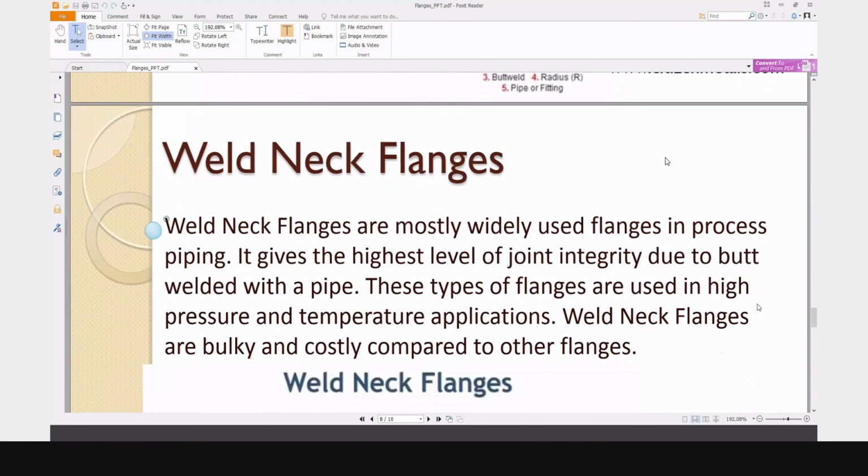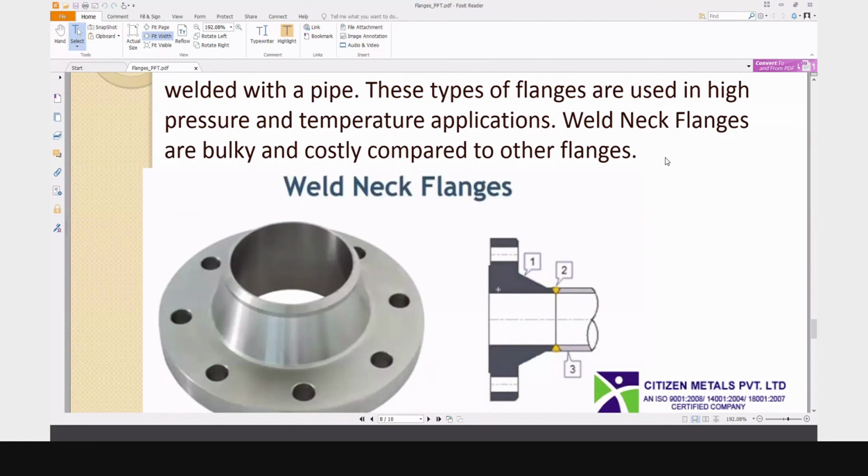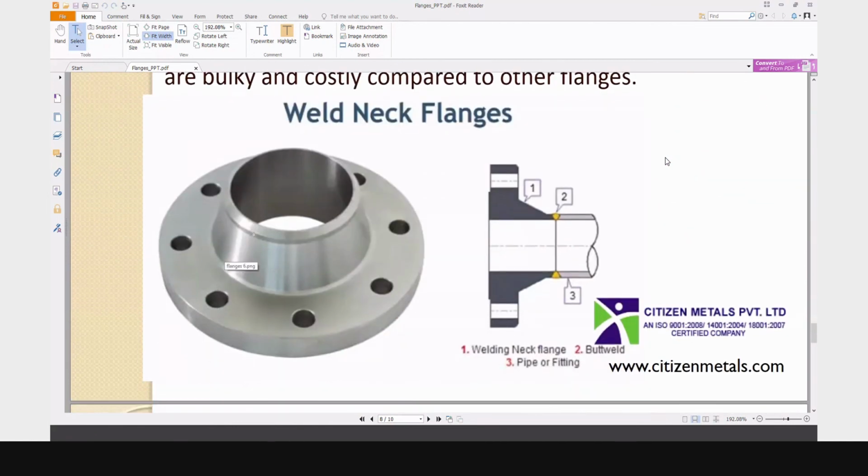Next is the weld neck flange. I will present this PPT. Weld neck flange. You see here, a taper portion is attached with the bore, and a pipe is attached with this neck.